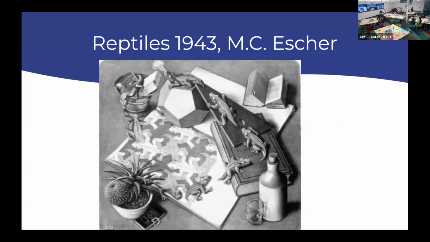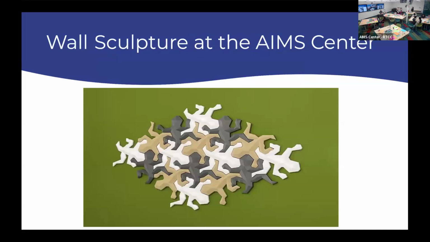Matter of fact, here's a wall sculpture that we have upstairs. We maxed out our printer, printing out Escher lizards. They're probably 8 inches in size, and we're able to tessellate them together. It makes quite an impressive sculpture.